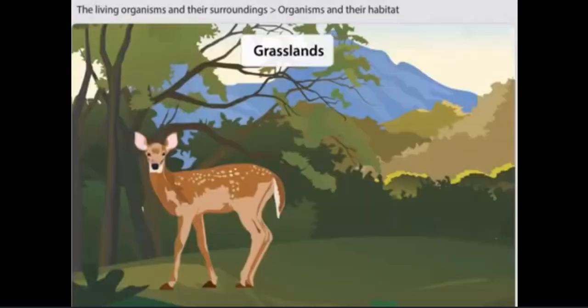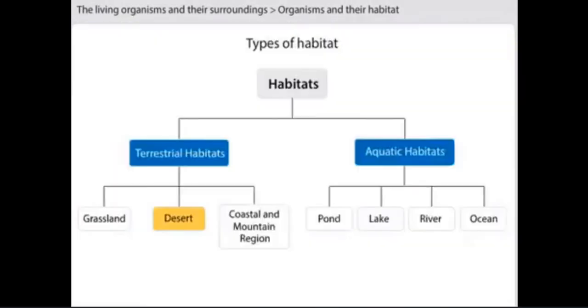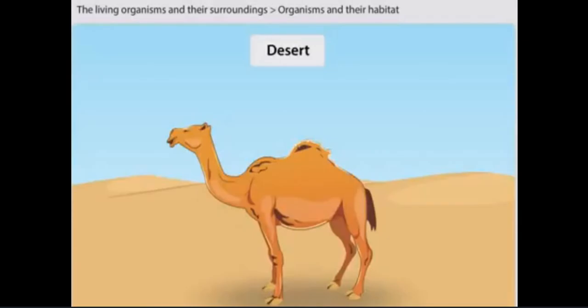Now coming back to desert habitat. Deserts. In the desert, the most found animal is camel. Have you ever wondered why there is a hump on a camel's back?